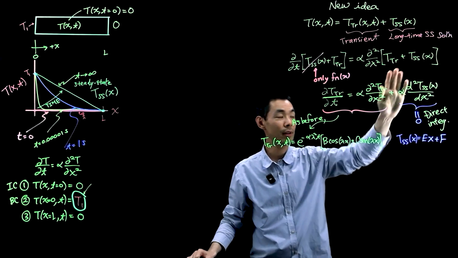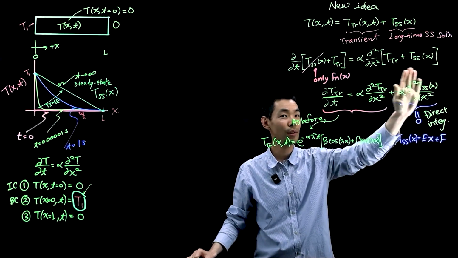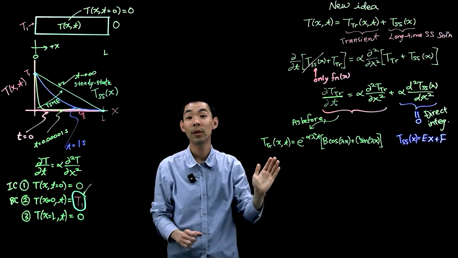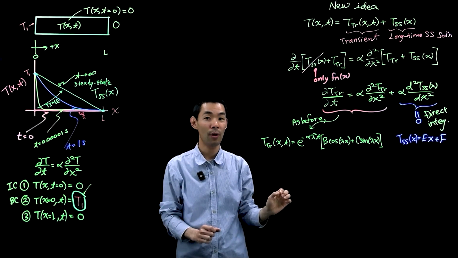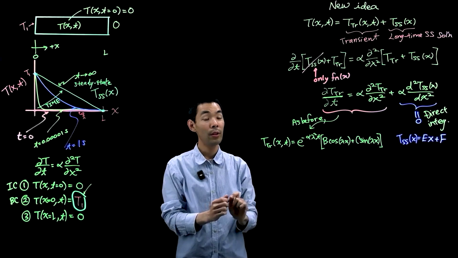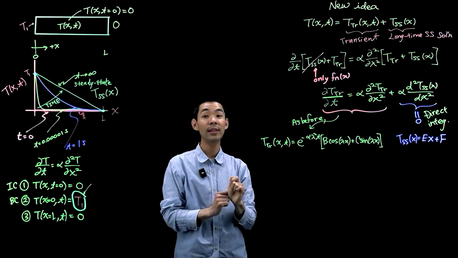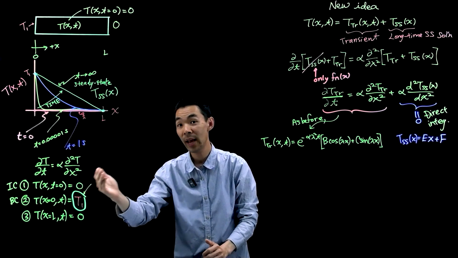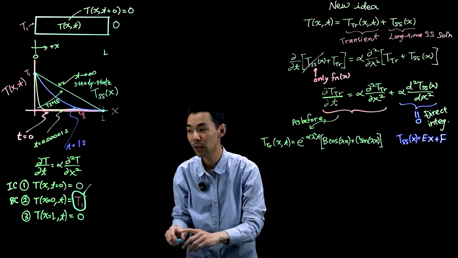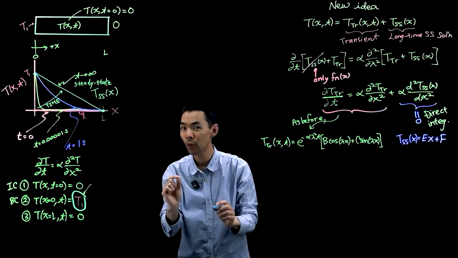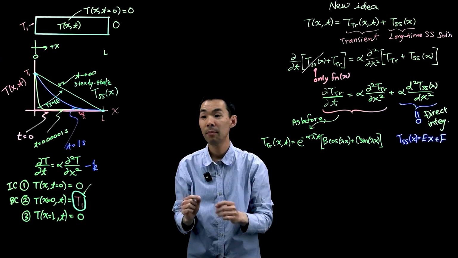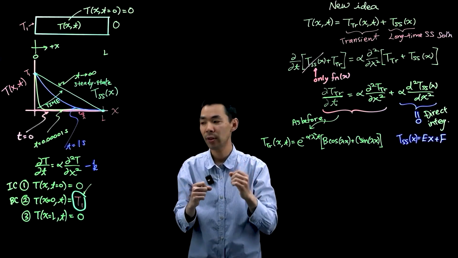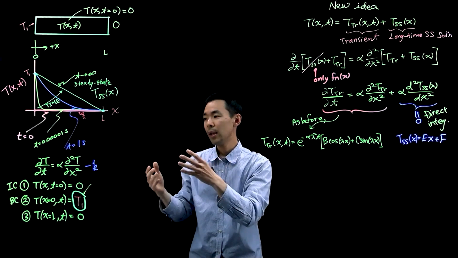This is a situation where the second derivative of your steady state solution was equal to 0. Now, there are many situations, for example, if you have a reaction term. Suppose there was a 0th order chemical reaction, where K might be a chemical reaction that adds heat.